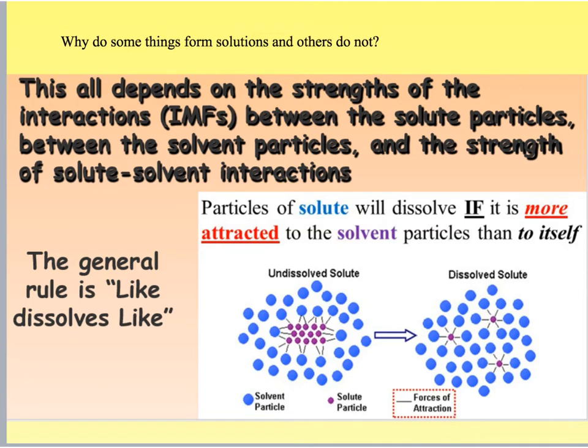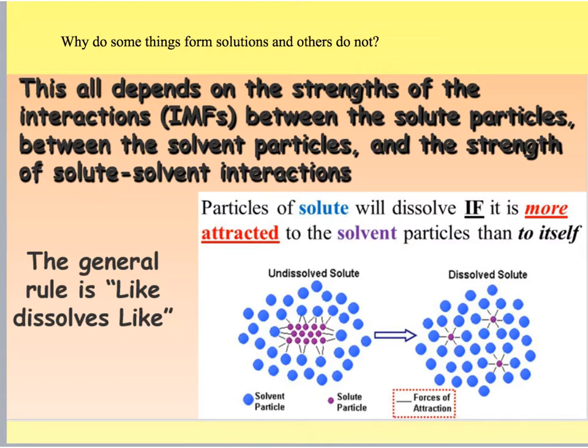Okay, so not everything forms a solution. Why do some things form solutions and others do not? The very simple answer is this. If the solute, the sugar particles, are more attracted to the water than the sugar particle is attracted to another sugar particle, then it's going to come apart.